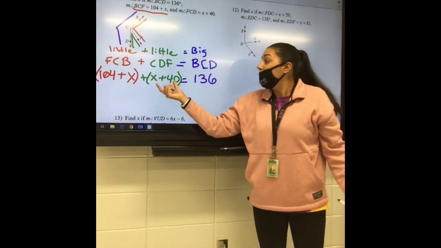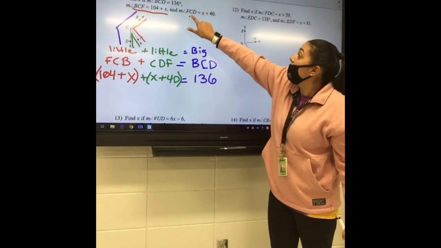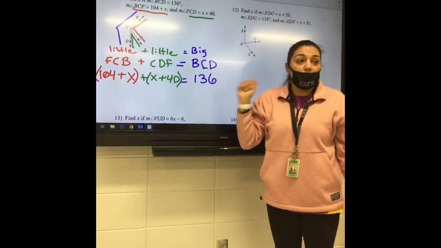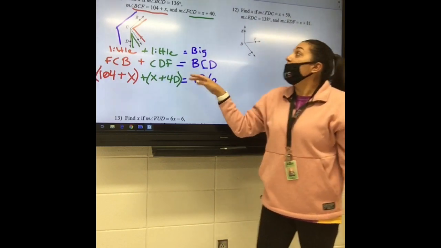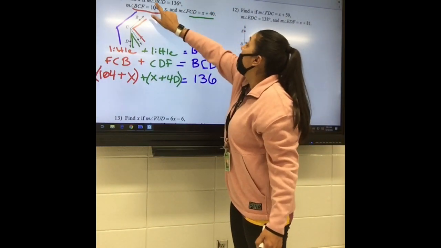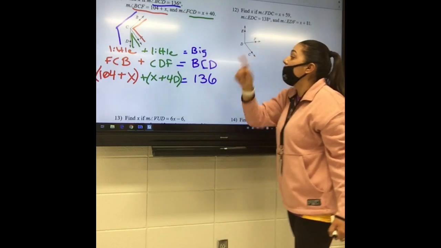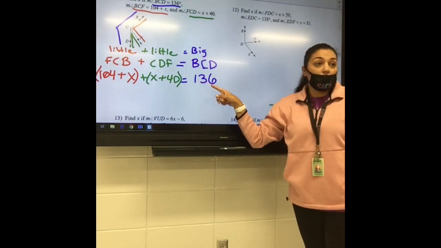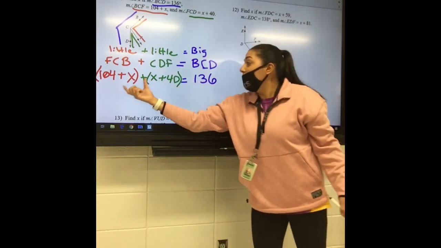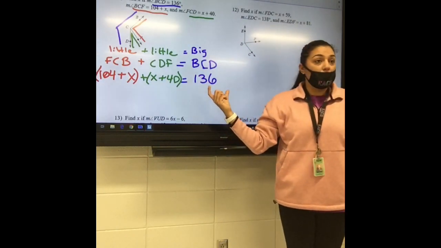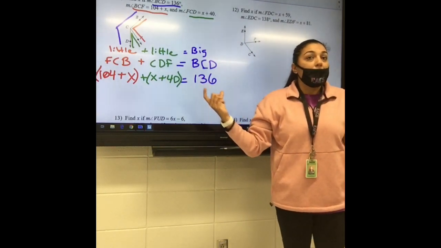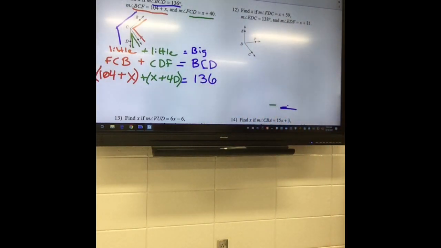And we're also given 136, and this is where colored pencils are definitely going to help. So that's where we got that one, right? Little plus little equals big. The only difference in instructions is that you're still setting it up the same. You have variables this time instead of an exact number, and we still were given an exact number, 136.